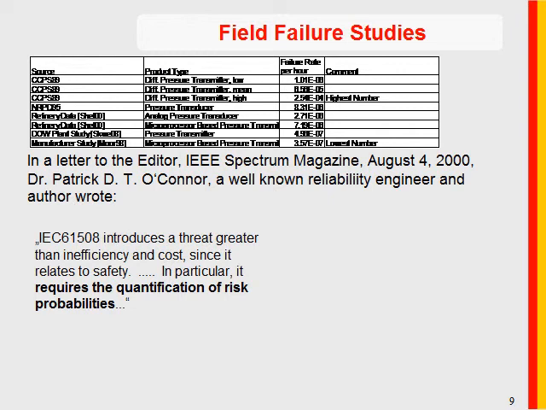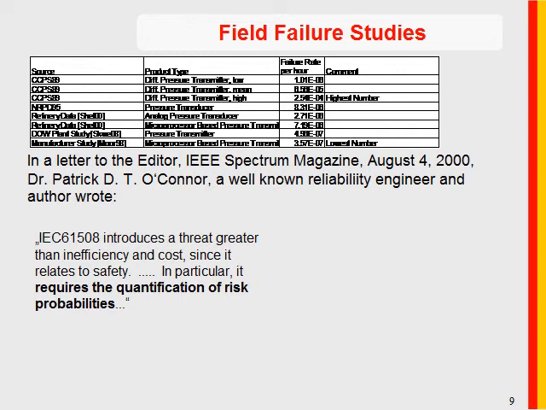Patrick D. T. O'Connor, a well-known reliability engineer who wrote one of my favorite reliability engineering textbooks, wrote a letter to the IEEE Spectrum magazine in August of 2000. And it was a long letter, basically completely criticizing IEC 61508.